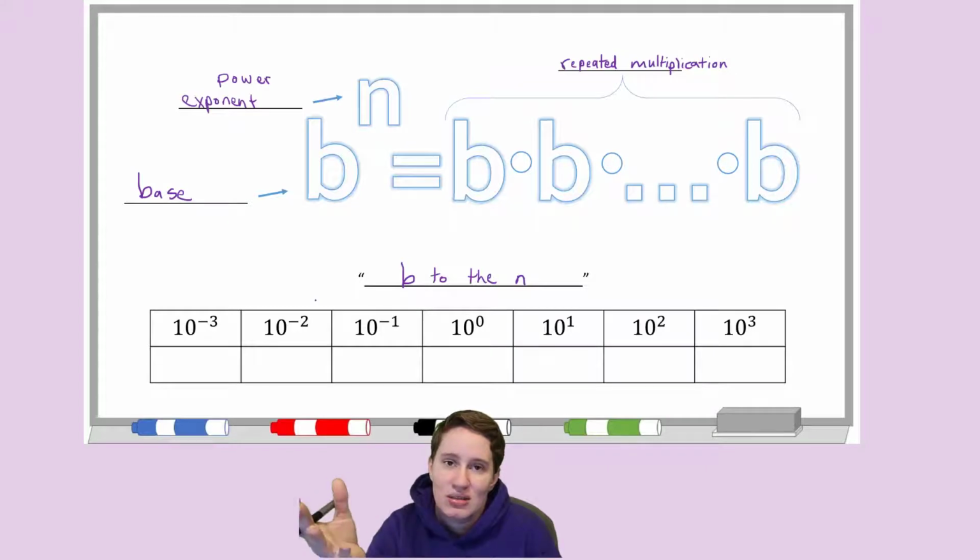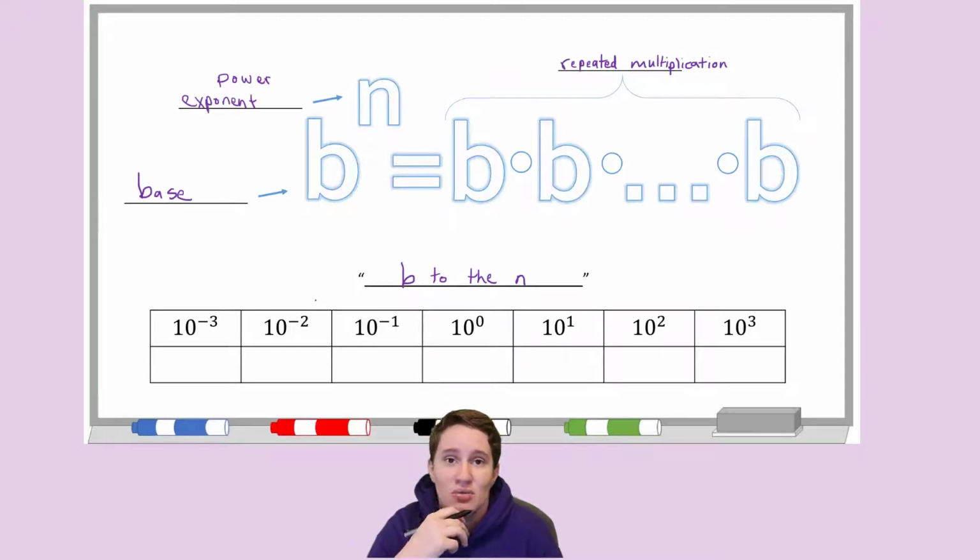Now, the other thing we need to make sure we understand is how exponents actually work. So I'm going to start on the right side of this chart I've got. We're using 10, so this should be relatively easy, at least once we remember how this works. I'm going to start with 10 squared, which might seem like a random place to start, but that's where I want to start. What is 10 squared?